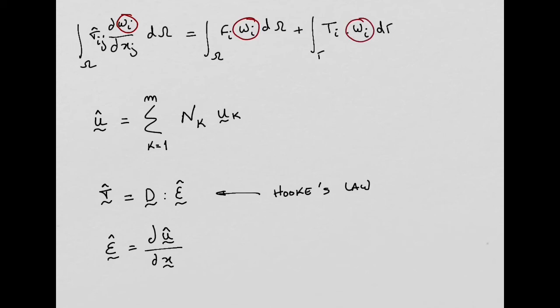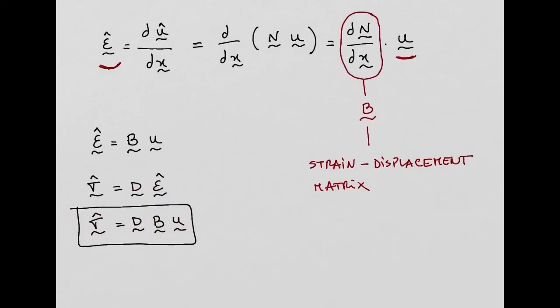So if you remember from the previous sessions, we used Galerkin's method. We say that our weighting functions are going to be equal to our shape functions, right?